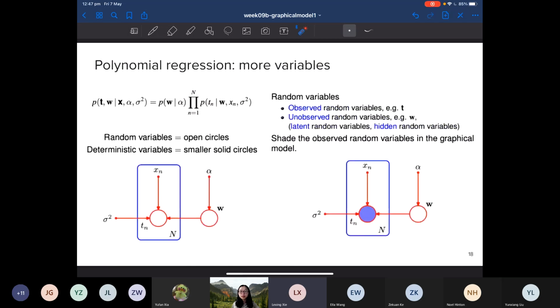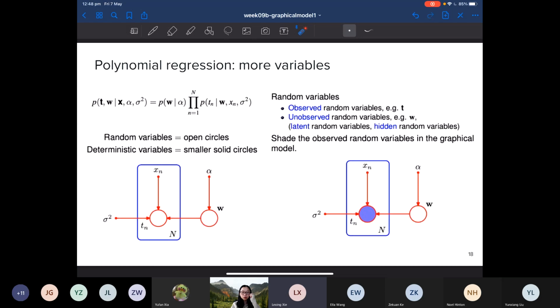The book proceeds to present a more complete picture of polynomial regression. This part between W and T sub n is the path that we just looked at on the last page. The book also says we can include the deterministic variables, or parameters or observations, as small solid circles or dots, while the random variables are the circles.